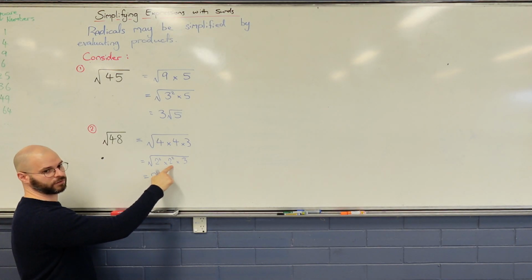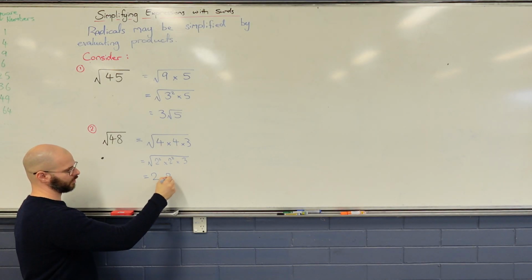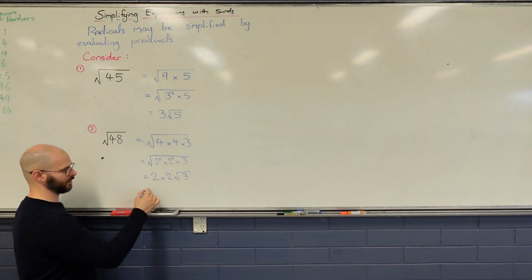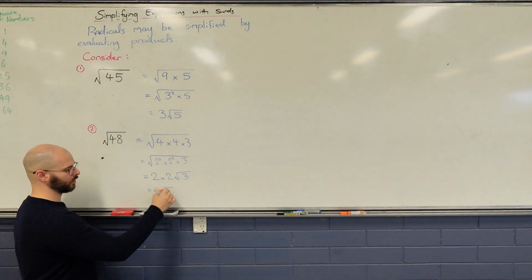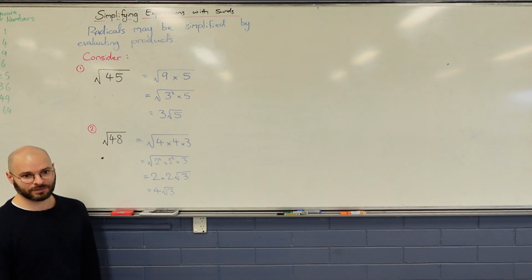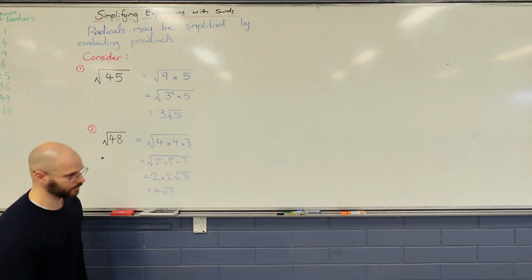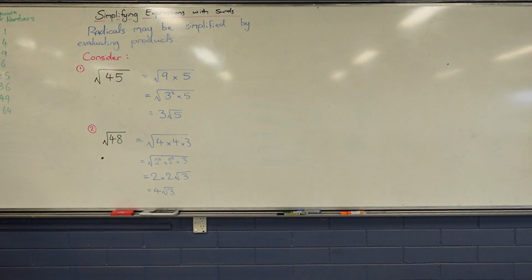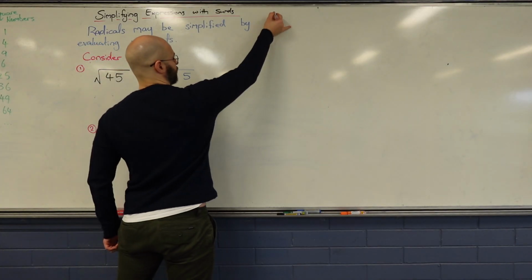Then Frodo's going to follow. 2. Back in the Shire, we have left over root 3. So 2 times 2 is 4 root 3. Does that seem okay? Can you see, or are you picking up what I'm putting down? Alright, your turn.